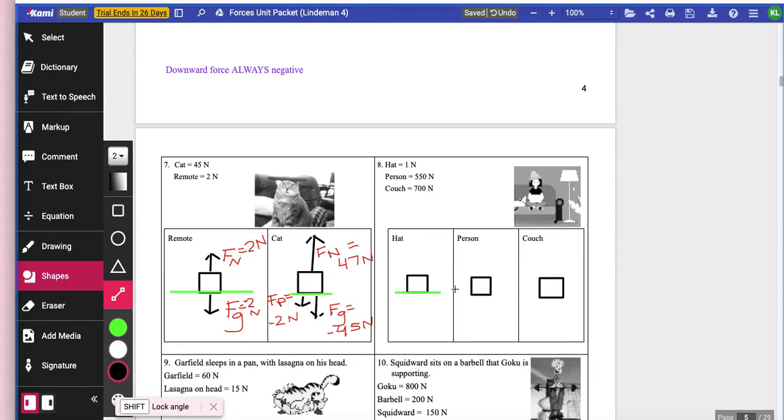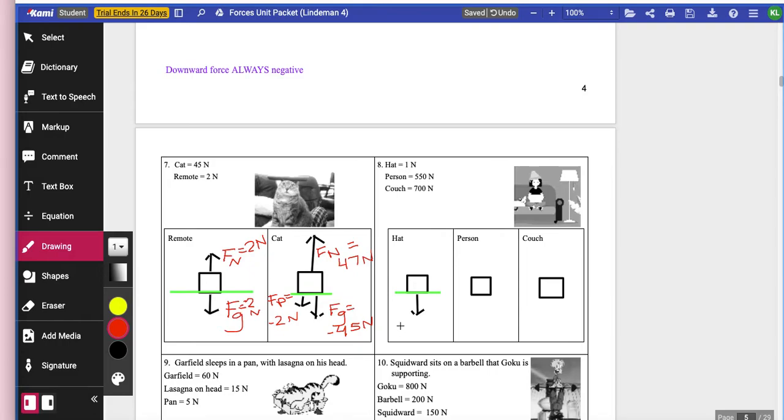Again, we go through our questions. Is the hat on planet Earth? Yes, so it has a gravity force. The hat weighs 1 Newton, so Fg equals -1 Newton.